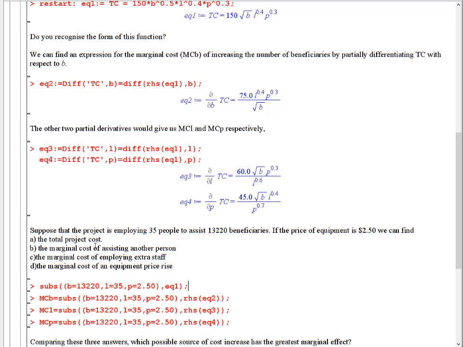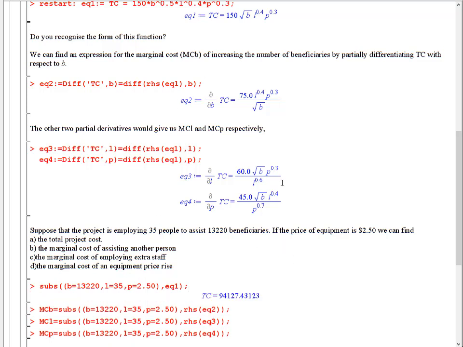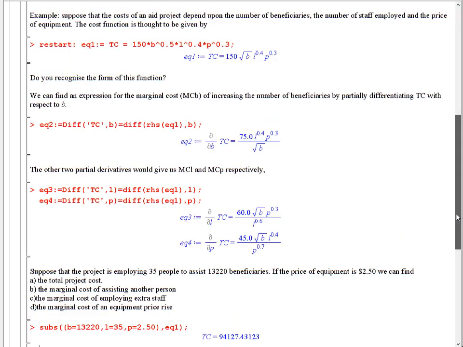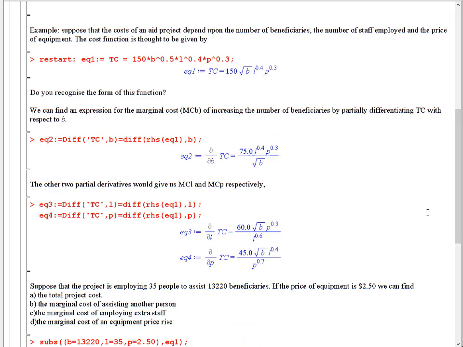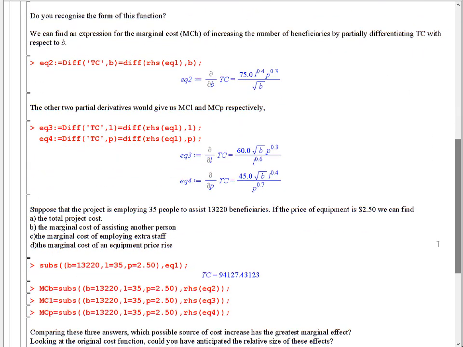So first of all, put these numbers into the total cost function at the top. It's substituting them into the first equation, total cost, and you just get this. So that's using the thing you've been given at the start. In order to assist this many people with the price of equipment at this much, employing this many people, it's going to cost you $94,127.